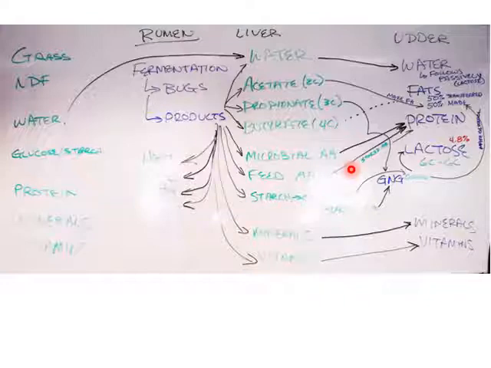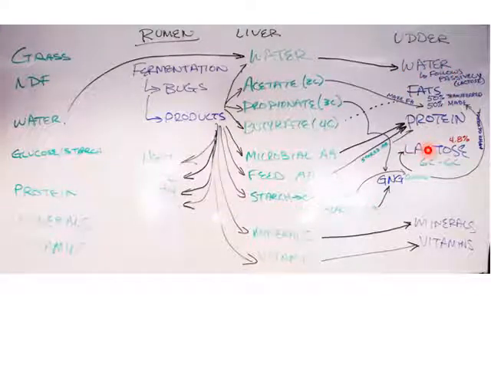So 4 sources of amino acids ending up in the udder: microbial absorbed protein, feed absorbed protein, the amino acids off her back from her muscles, or the amino acids created in the liver will all provide the amino acids to build the protein. Again, we're using blue here to denote a process, so making protein, making fats, bringing in water.